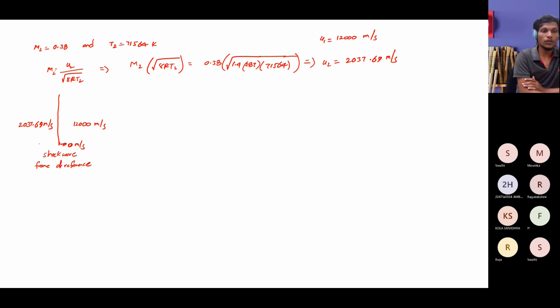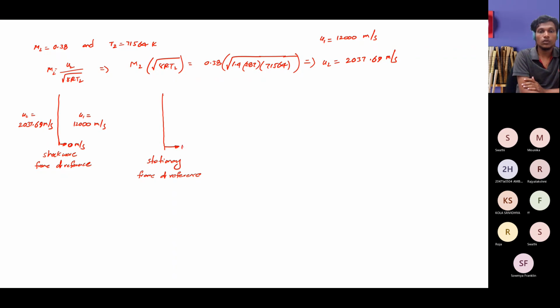Now we have to convert this to the stationary frame of reference. In this stationary frame of reference, the shock wave should get the velocity of 12,000 meters per second. Everything should be in the relative sense.